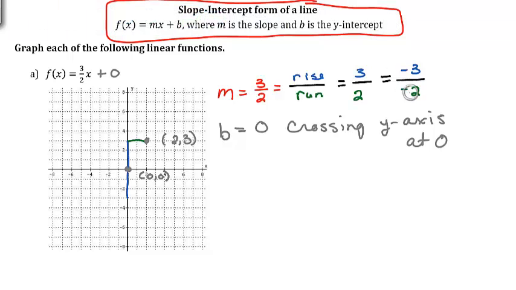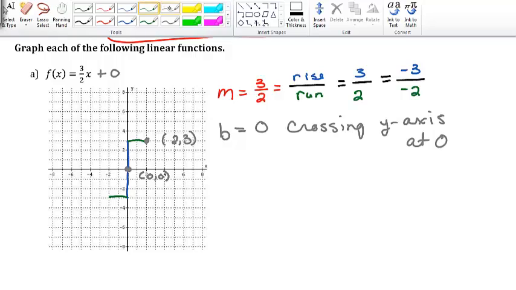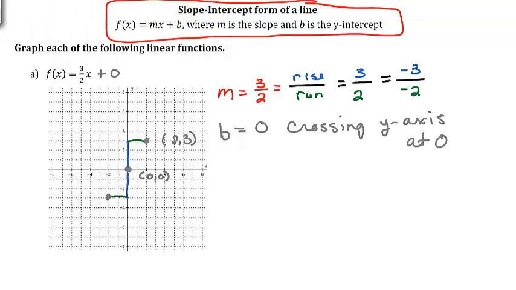And our run is negative 2, which tells me that I go left 2. And so that gives us another point on our line. And this is the point negative 2, negative 3. And then you can go ahead and draw your line in there and add your arrows onto the ends.